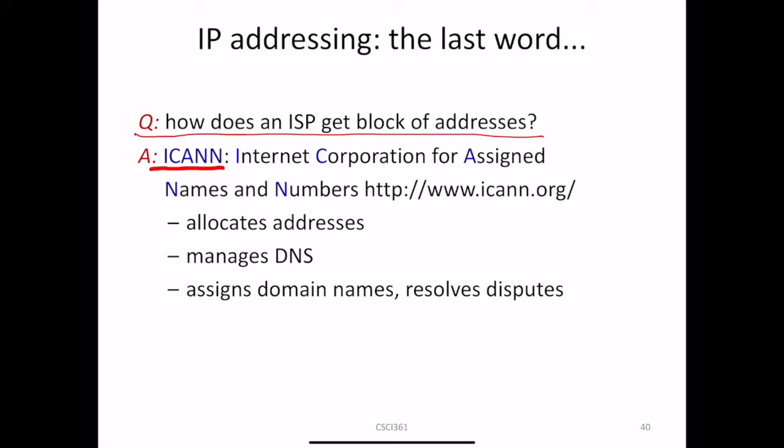Here is also a URL for this organization. This organization provides three services. The first one is to allocate addresses. The second one is to manage the DNS. And the third one is to assign domain names and resolve disputes.